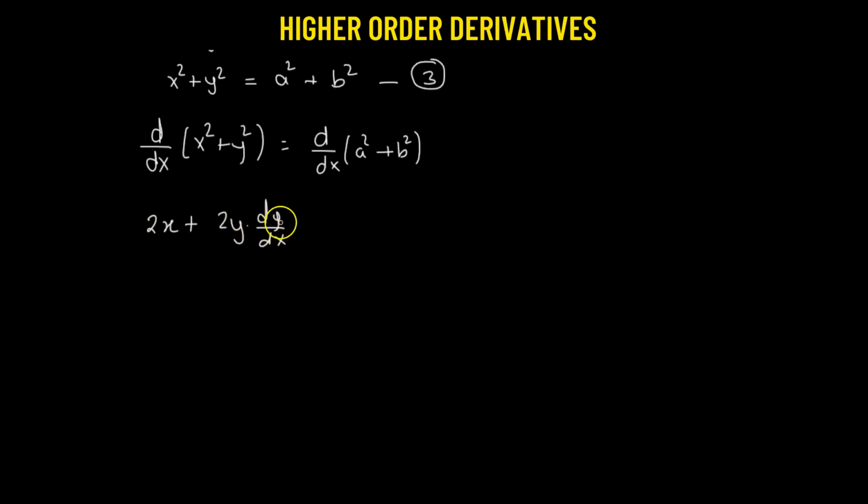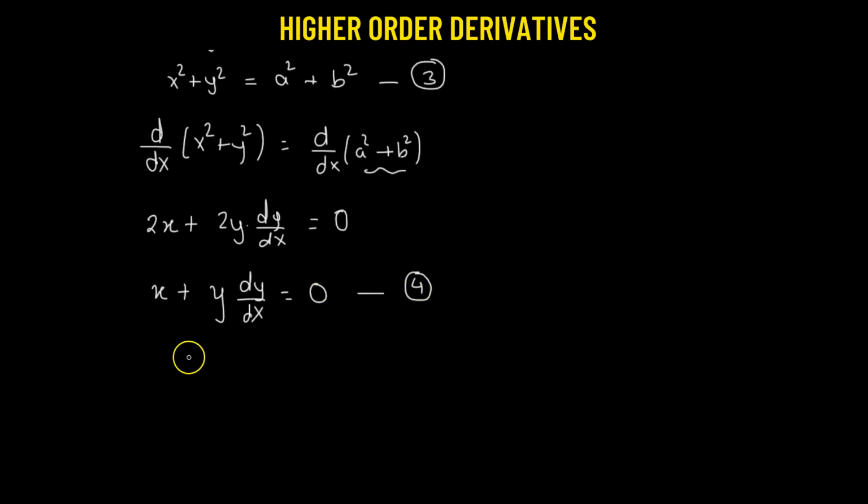Here we have used the chain rule. On the right, a and b are constants, so a squared plus b squared is also a constant, and the derivative of a constant is always 0. Now we can factor out 2 and divide by 2 to get x plus y times the derivative of y with respect to x equals 0. Let's label this as equation number 4.